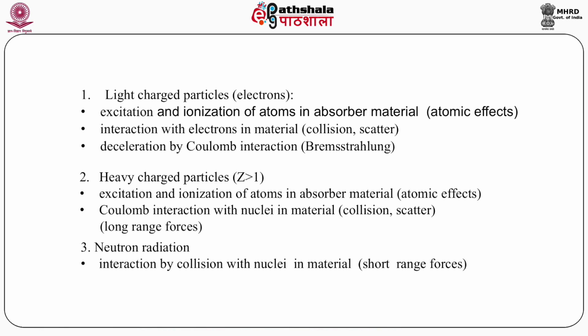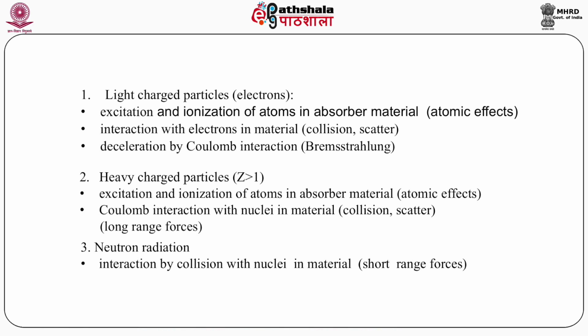Light charged particles like electrons: excitation and ionization of atoms in the absorber medium, that is atomic effects; interaction with electrons in material, that is collision and scattering; deceleration by Coulomb interaction, that is Bremsstrahlung production. Heavy charged particle, Z is more than 1.